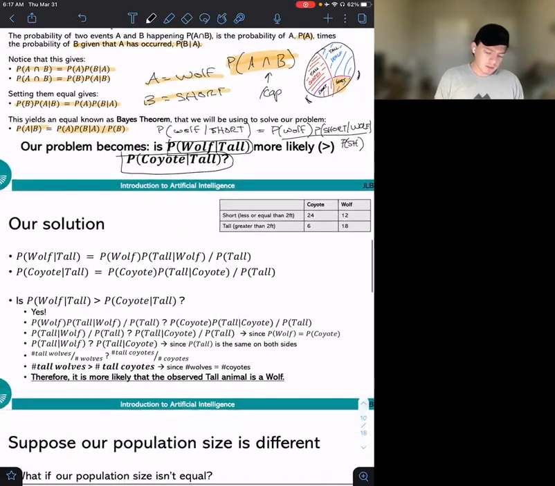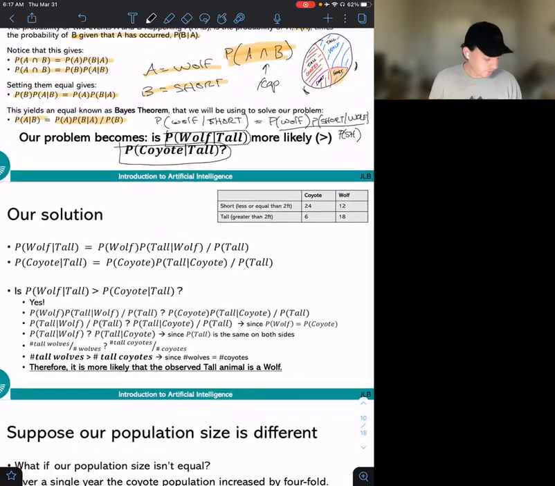And so stepping into the math and just finishing off, our solution is represented by the probability of a wolf given something that's tall, and the probability of a coyote given something that's tall. And from Bayes' theorem, we know we can represent it such that this is the form of our two solutions. And we are curious about which one is more likely or which has the greatest probability.